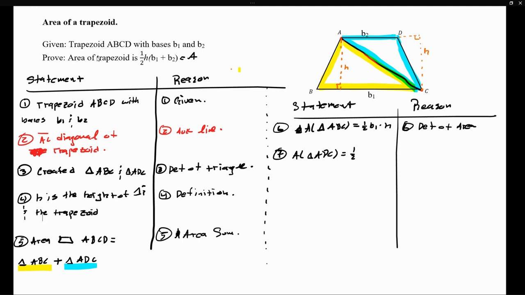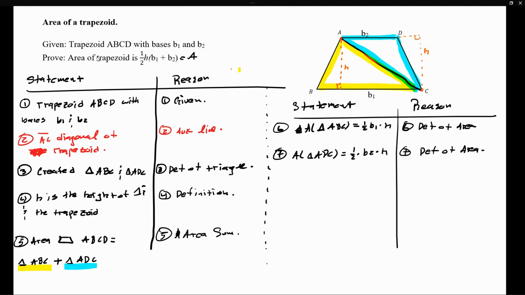But for the blue triangle, the base is defined as B2. So it's 1/2 times B2 times the height, which is still the same. Even though this height is outside the triangle, the length of this height is equivalent to the length of this height, so we can still use the same value of h. Again, this is just the definition of the area.